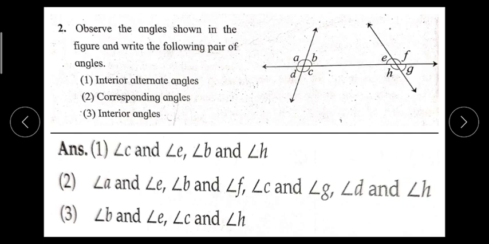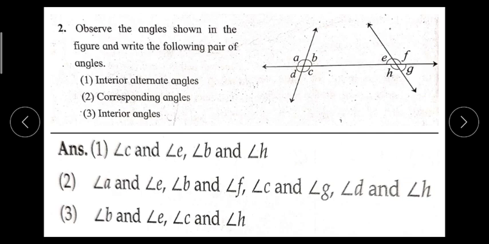So the interior alternate angles are angle C and angle E, first pair, and second pair is angle B and angle H.